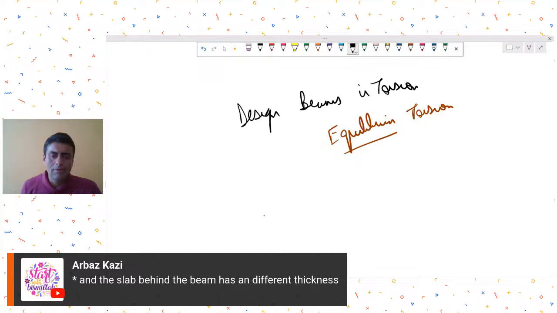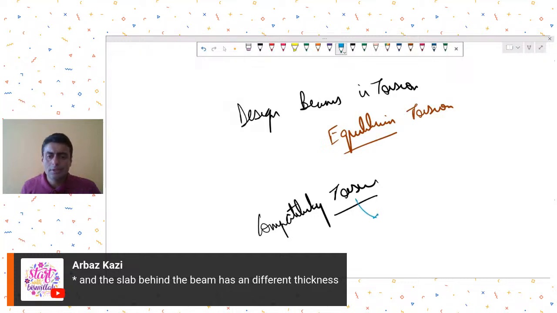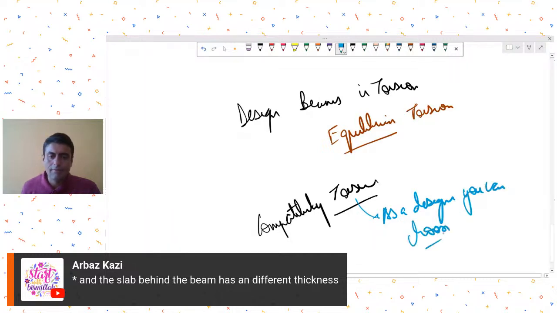If you have compatibility torsion, then in that case, as a designer, you can choose and accordingly decide whether to design your beam for torsion or not.